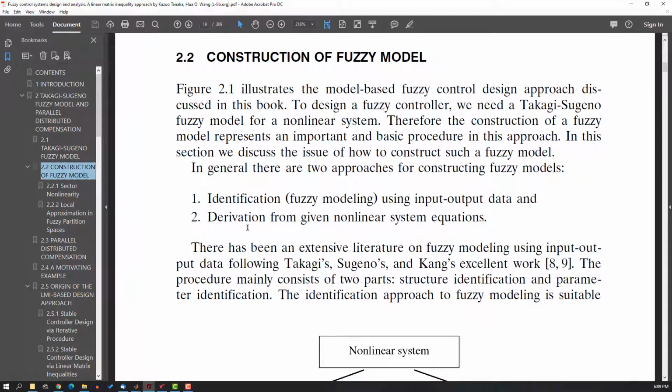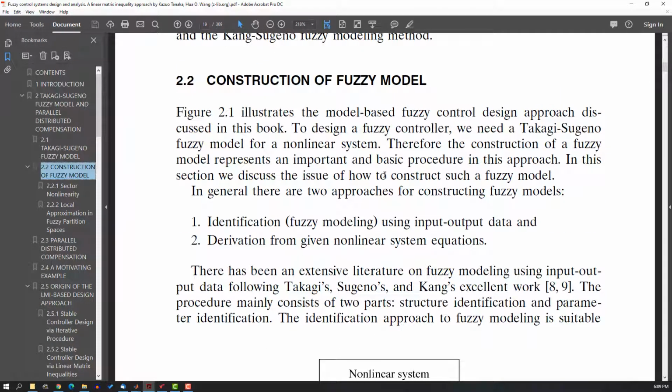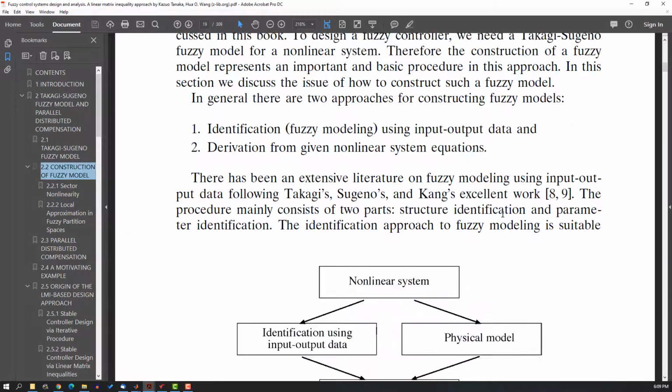So how to control the function or the rule as we mentioned before? There are two main ideas like this.